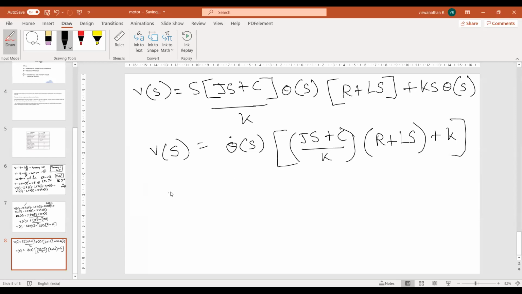Now what is transfer function equal to? Transfer function is nothing but output by input. So what is the output?